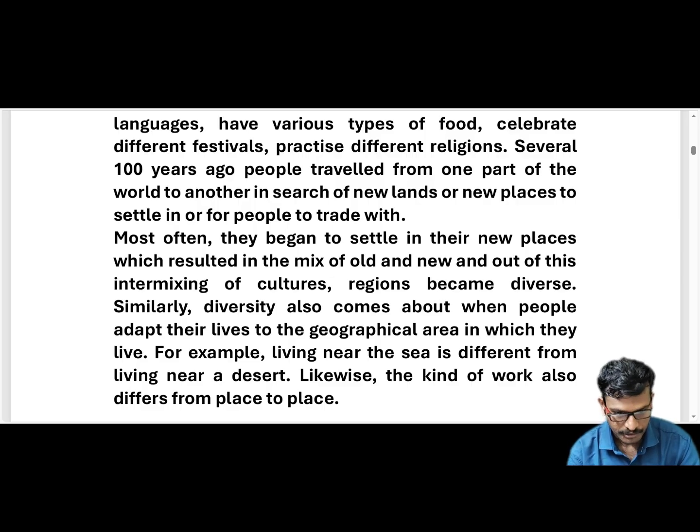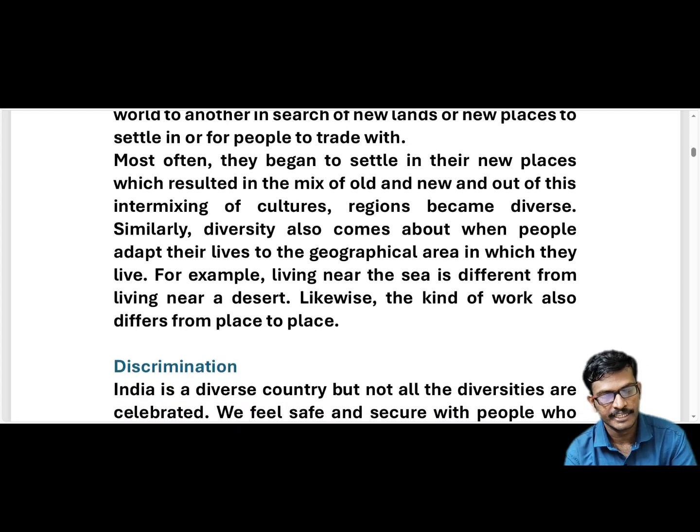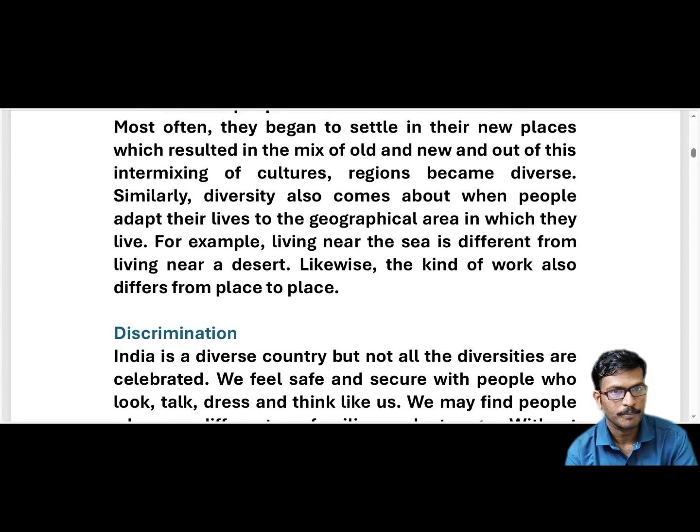Here, what is meant by this? We feel safe and secure with people who look, talk, dress and think like us. What it is explaining is that if people have the same thought process and the same taste as us, then we feel safe and secure.